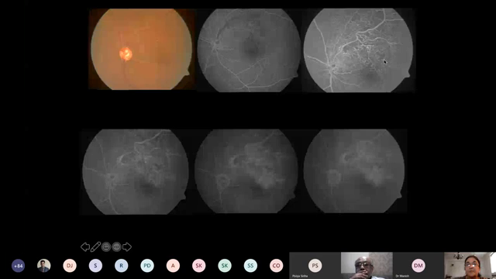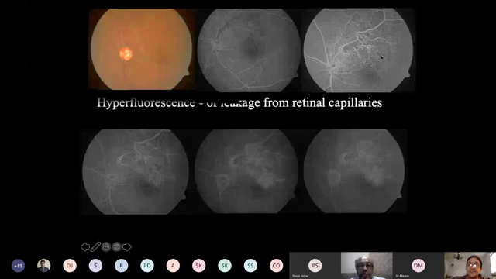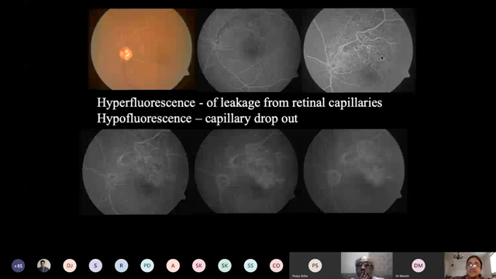So probably this hypofluorescence is secondary to capillary non-perfusion or a capillary dropout. I hope I'm clear on this. So we have hypofluorescence because of the capillary dropout, while we have hyperfluorescence because of the leakage from the retinal capillaries. And the diagnosis that I make is a supratemporal BRVO.